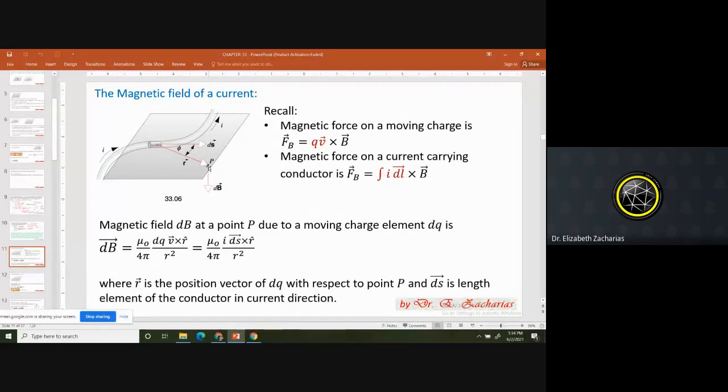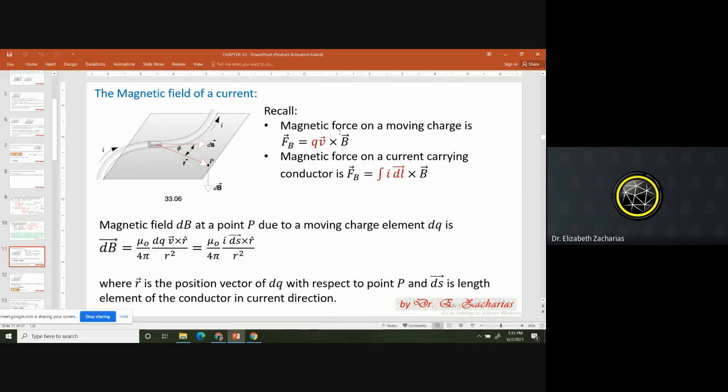Even before that, I want you to recall something. We have seen in the previous chapter that the magnetic force on a moving charge is given by QV cross B. Then in the same chapter we have seen how, instead of a moving charge, if you just had a wire, the equation simply becomes FB is equal to integral I dl cross B, where dl is the length element carrying a charge dq.